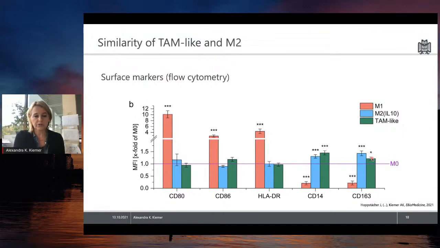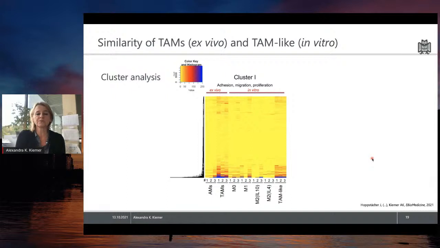When we then looked into gene expression comparisons, and again, extensive bioinformatic analyses were done, like clusters of differentially expressed genes, here you see the ex vivo macrophages. So the first lanes are the healthy tissue macrophages, the tumor tissue macrophages, and then here the 5 different types of in vitro polarized macrophages.